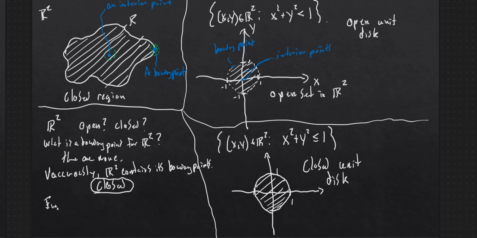So I'll say every point in R2 is an interior point. So it consists entirely of interior points, so it's also open. So the entire plane as a set is both closed and open, right?